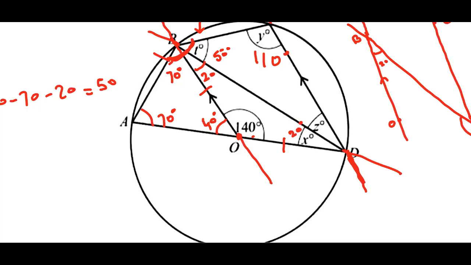So 20 plus what would be 180? This would be 160. And then we know that the sum of angles on a straight line is 180. So 180 minus 160 will give you 20. So this angle is basically the angle at Z, right? This angle. So that is why it is 20 degrees.